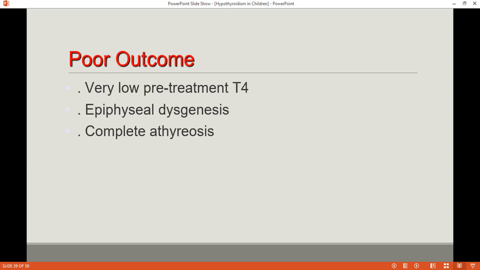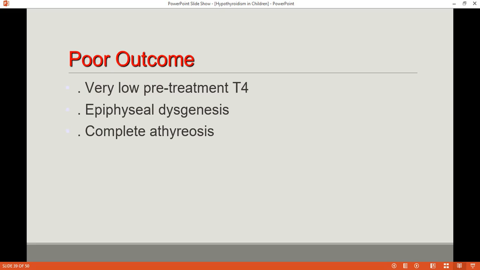Poor outcome factors: number one, very low pre-treatment T4. Number two, epiphyseal dysgenesis and complete athyrosis. Complete athyrosis means agenesis of the thyroid gland. Epiphyseal dysgenesis is appreciated in the newborn period in congenital hypothyroidism, in the femoral epiphysis.